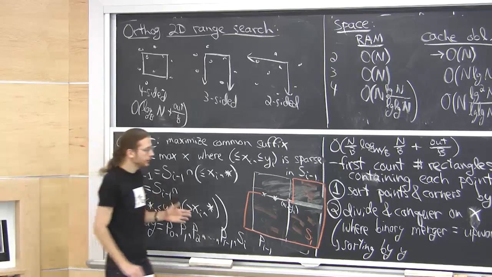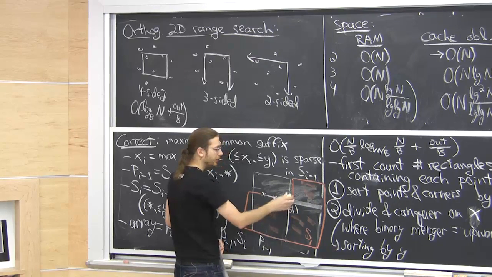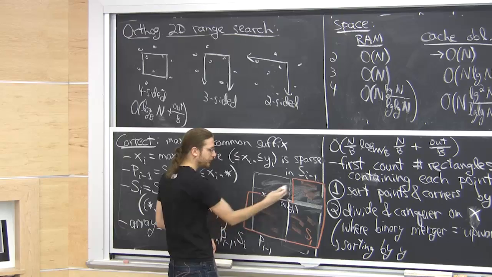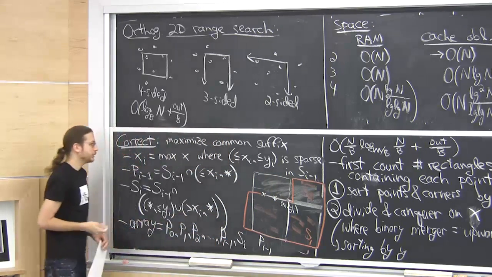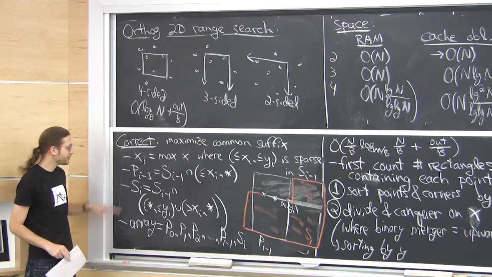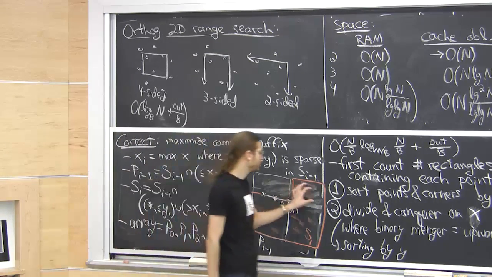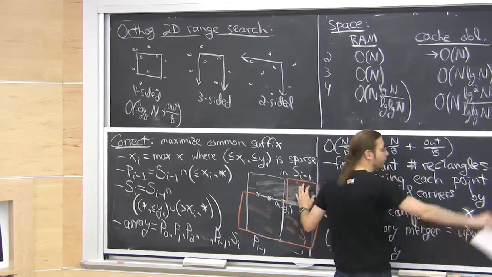Because really, I mean, we know that all the queries up here and over here are okay. They're nice and dense. We sort of only care about the points to the left of the line. Okay, but essentially the S_i has to pick up the slack. And we have to include these points in the next S_i, whereas before we did not.